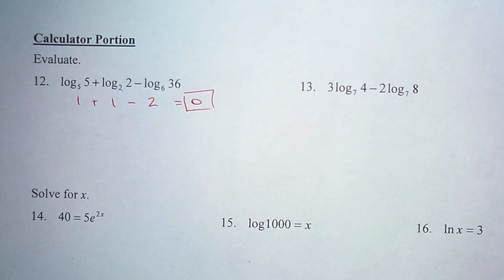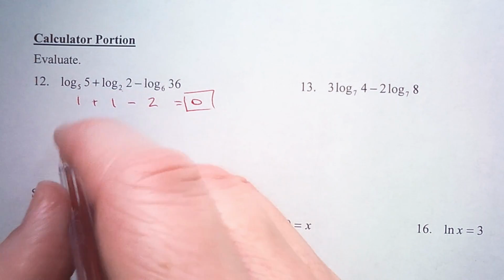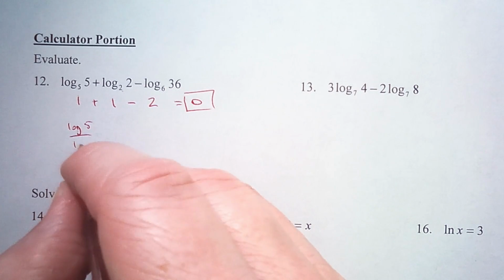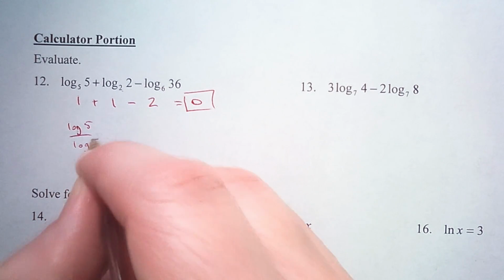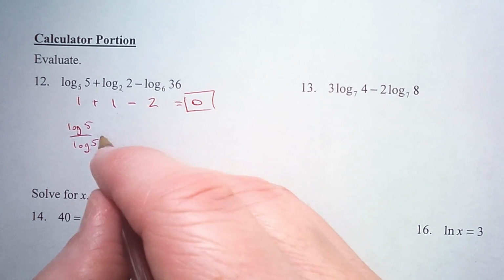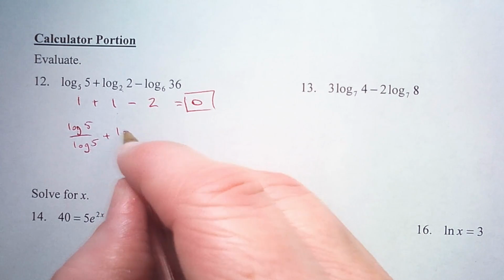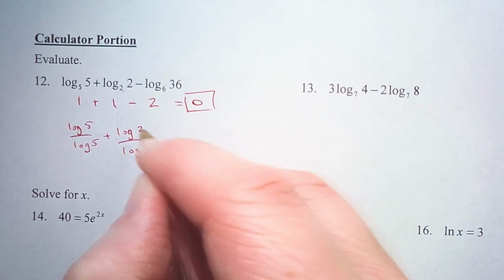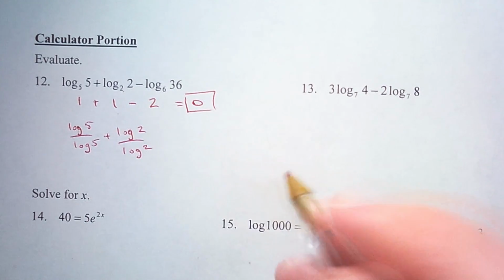Okay, now if we forget that, we could use the change of base formula. Log base 5 of 5, log of the argument over log of the base. And we should recognize something over itself is 1. And then we have log of the argument over log of the base. Something over itself again is 1.